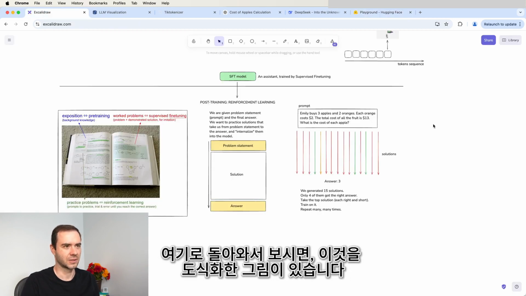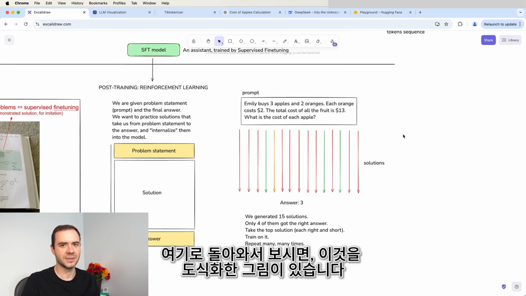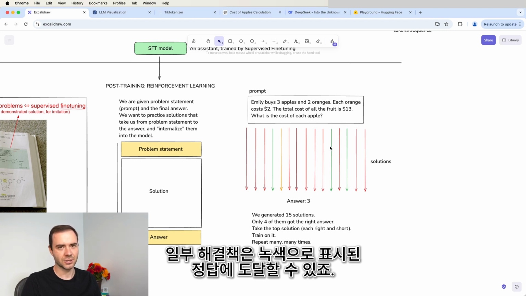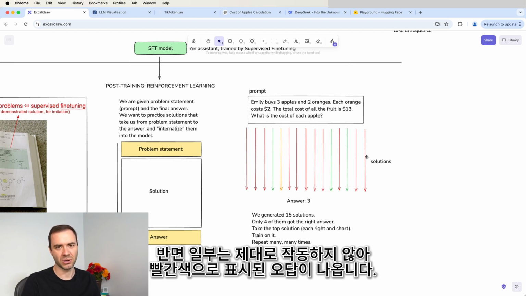If we come back over here, here's a cartoon diagram of what this looks like. We have a prompt, and then we try many different solutions in parallel. Some of the solutions might go well, so they get the right answer, which is in green. Some might go poorly and not reach the right answer, which is red.